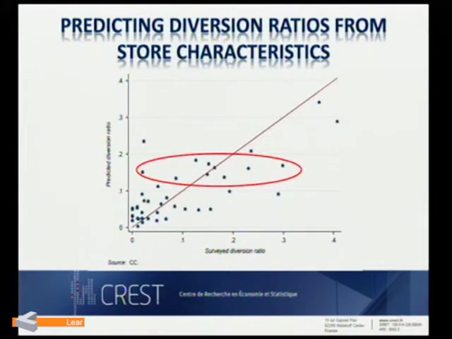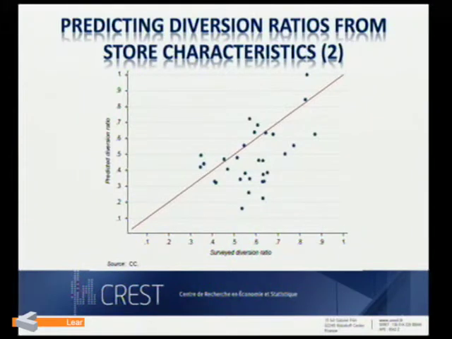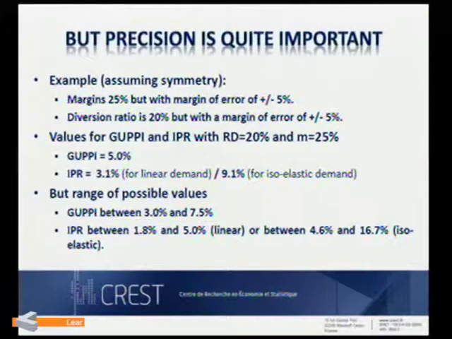As you can see, for the same predicted diversion ratio, here about 15%, you can get true or best estimated diversion ratios that can vary from close to 0 to about 30%. So big variance here.